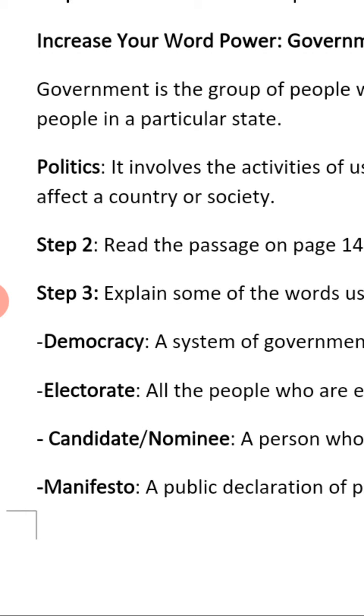At the state level, there is the House of Assembly, which makes laws for the state, and at the local government level, there is the Legislative Council that makes bylaws for the local government.